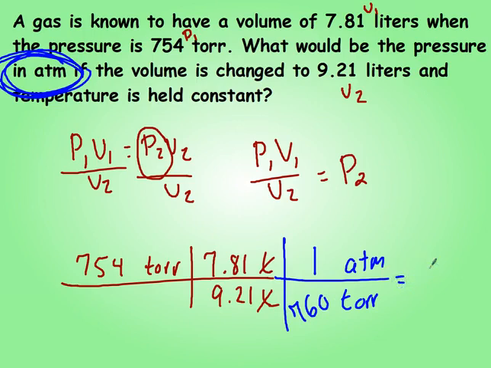Now I'll plug it in. 754 times 7.81 divided by 9.21 divided by 760, and I got 0.844. 0.844 ATM. And that would be the answer right there for this problem.